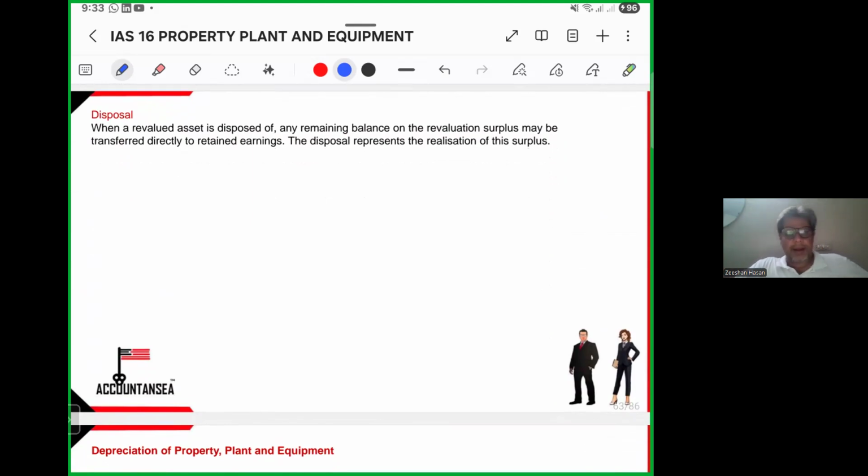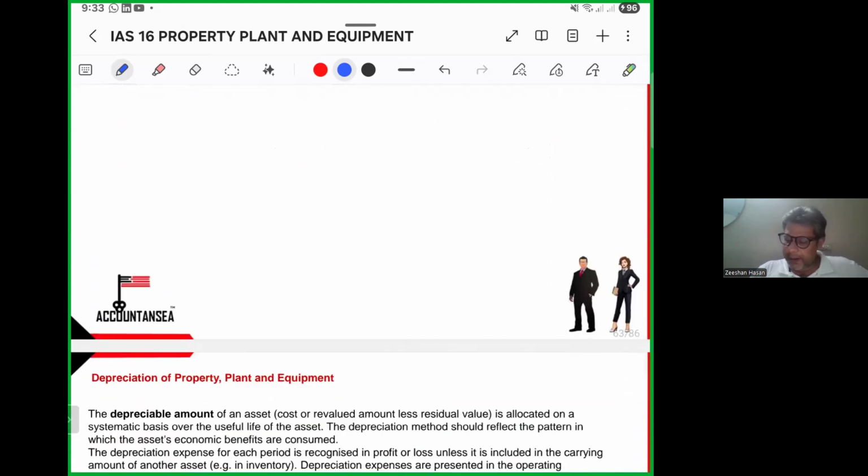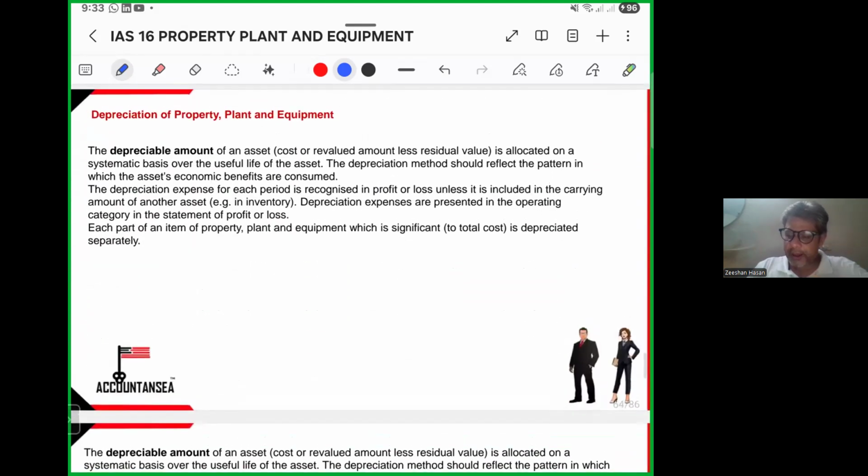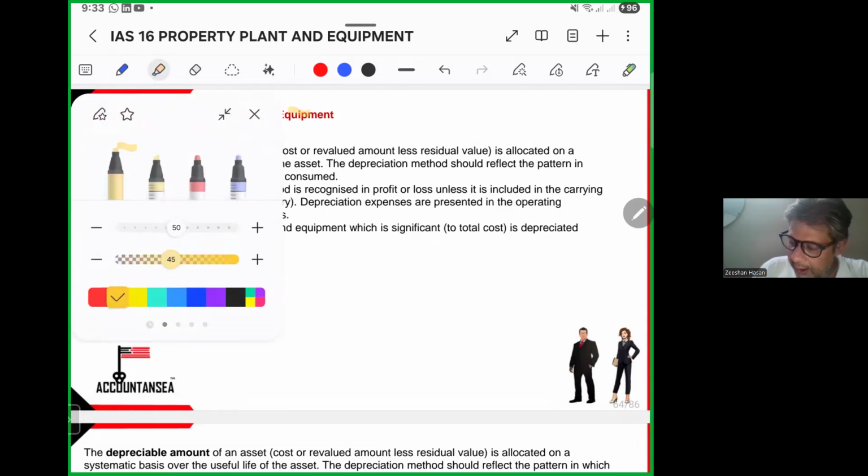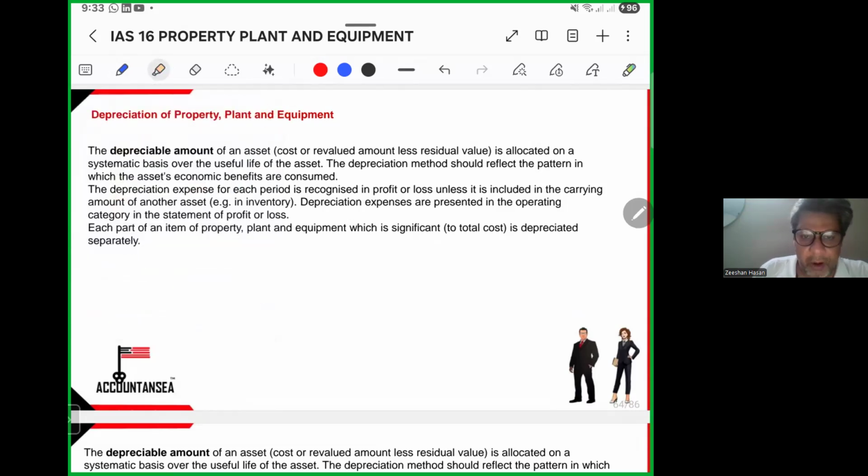As far as the depreciation of property, plant, and equipment is concerned, here is a sort of revision now. The depreciable amount of an asset, cost or revalued amount less residual value, is allocated on a systematic basis over the useful life of the asset. The depreciation method should reflect the pattern in which the economic benefits are consumed.